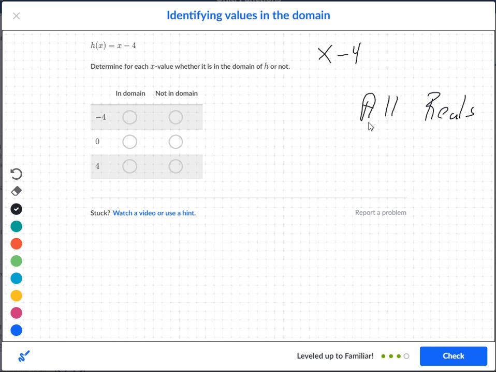You can put in the negative 4, you can put in the 0, and you can put in the positive 4. There's nothing stopping you. The only ones that have some kind of restriction where you can't use certain numbers are fractions and square roots. Anything else is all reals, and it can be any number that you can think of. So the negative 4 will work, the 0 will work, and the positive 4 will work.